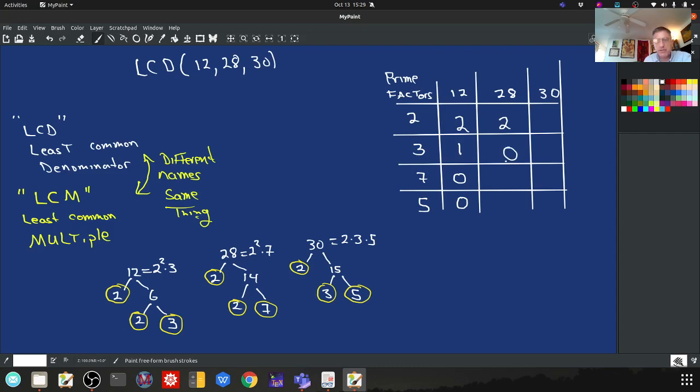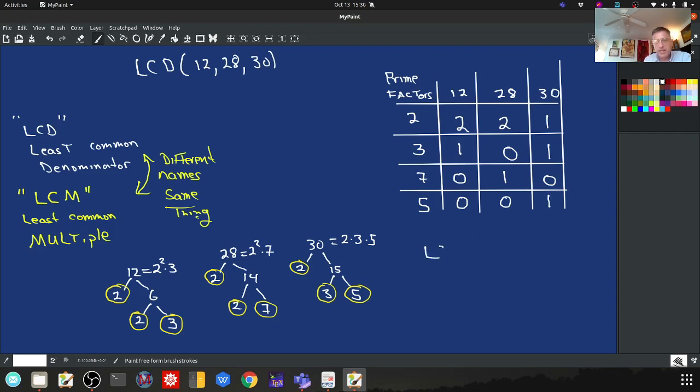How many factors of 7 does 28 have? It's 1. How many factors of 5 does 28 have? 0. Here with 30, how many factors of 2 does 30 have? 1. How many factors of 3 does it have? 1. How many factors of 7 does it have? 0. And how many factors of 5 does it have? It's 1. So here we go.